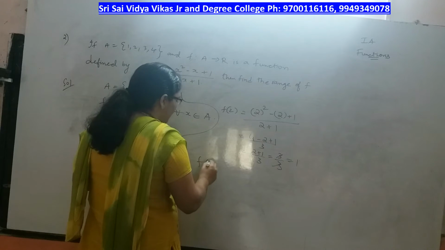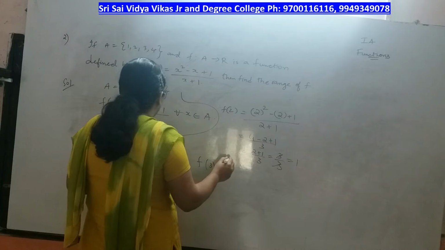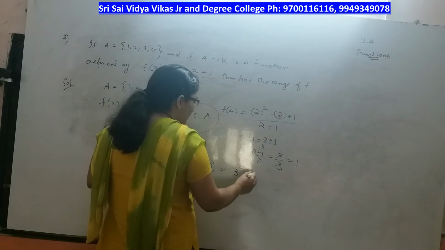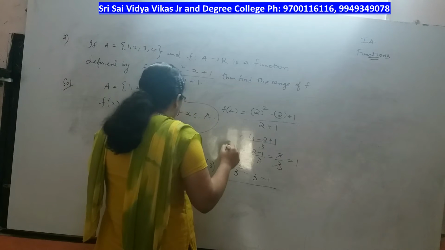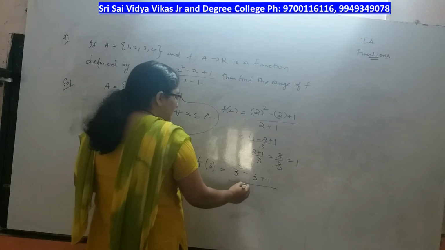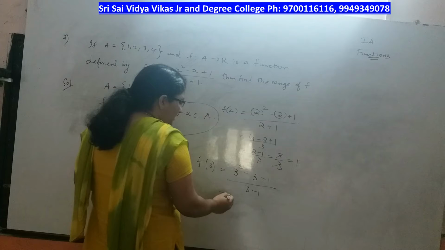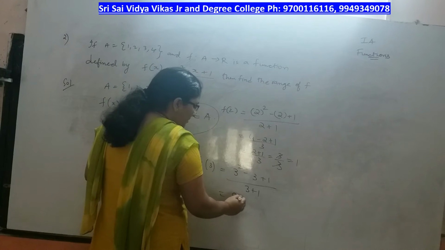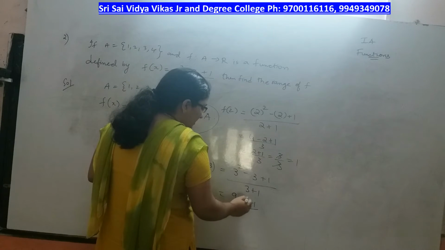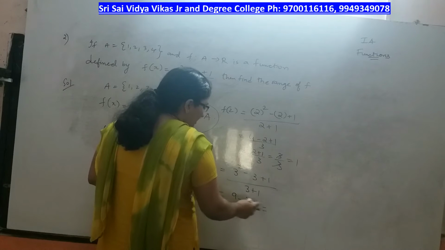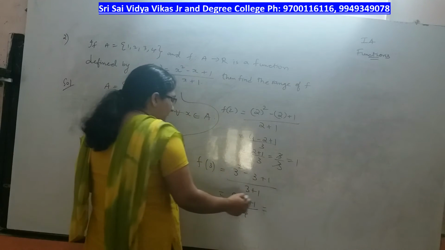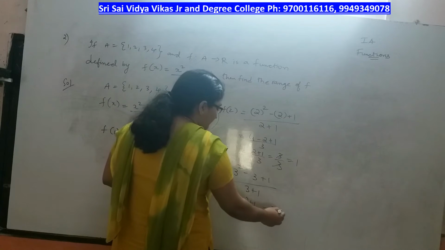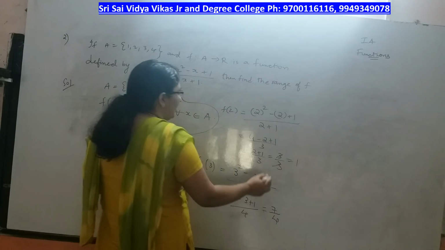F of 3 is equal to 3 square minus 3 plus 1 by 3 plus 1, which is 9 minus 3 plus 1 by 3 plus 1, that is 4. 9 minus 3 is 6, 6 plus 1, 7 by 4.